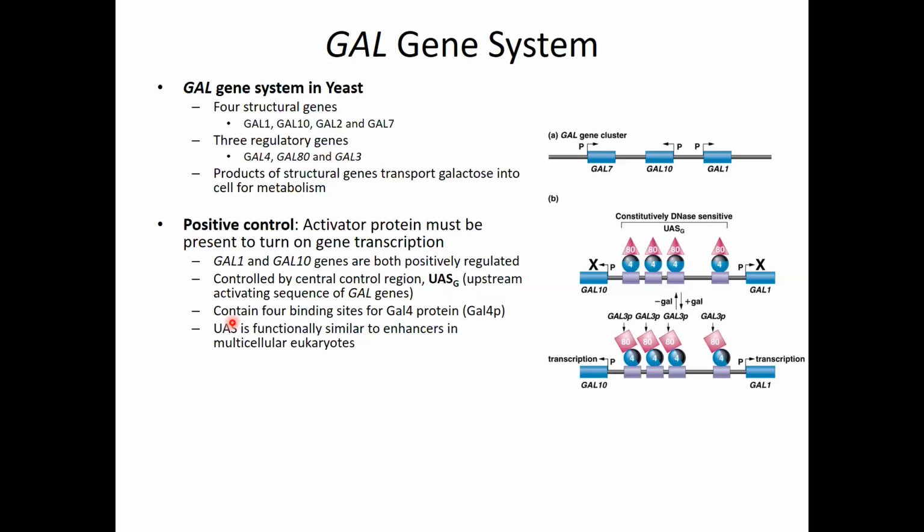This involves 4 binding sites for the GAL4 protein, so essentially 1, 2, 3, 4. UAS is functionally similar to enhancers in multicellular eukaryotes.